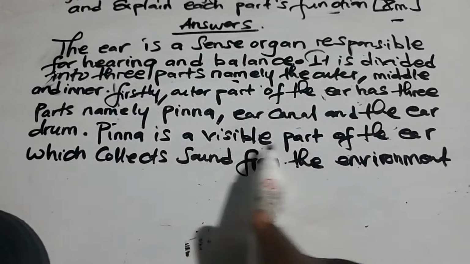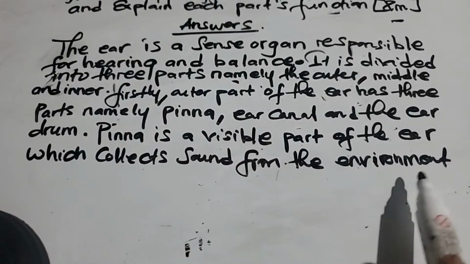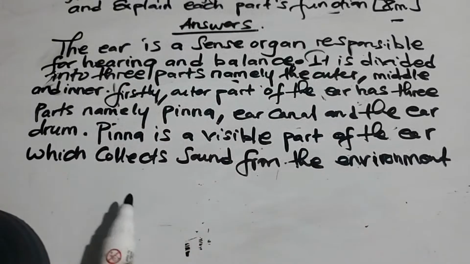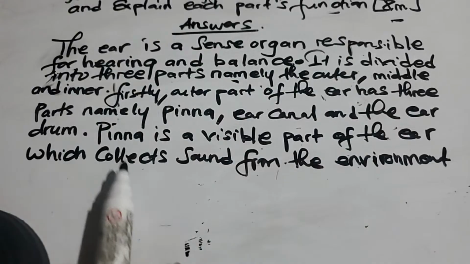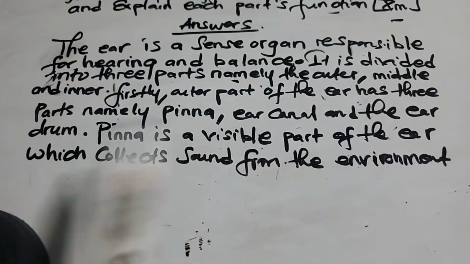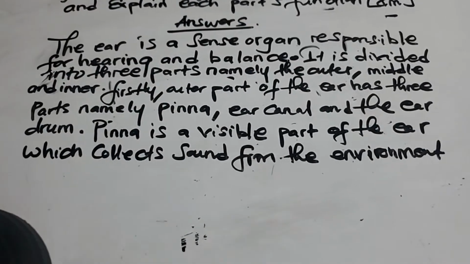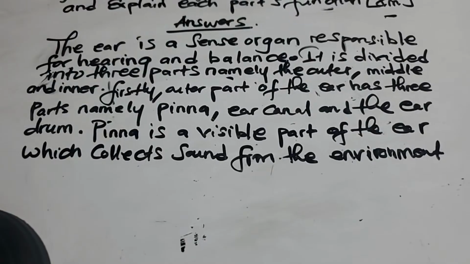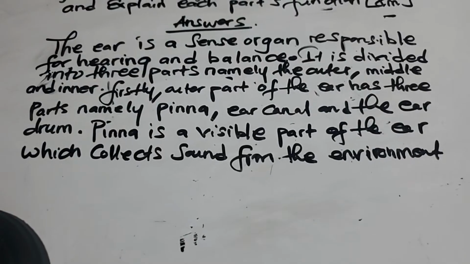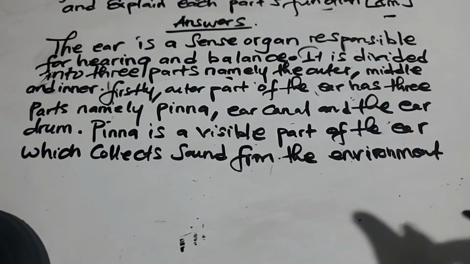So pinna is a visible part of the ear which collects sound from the environment. Actually, like what we have said, the kind of sound which normally enters the ear is in the form of waves. Take note, this is very much essential and very much beneficial. So pinna is a visible part of the ear which collects sound from the environment. So this is very much essential.